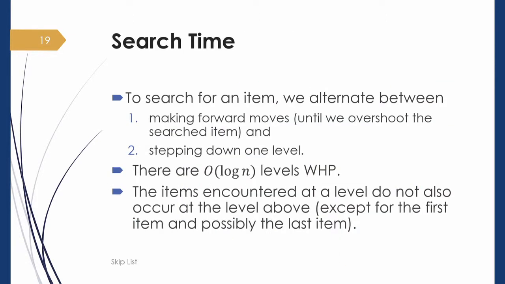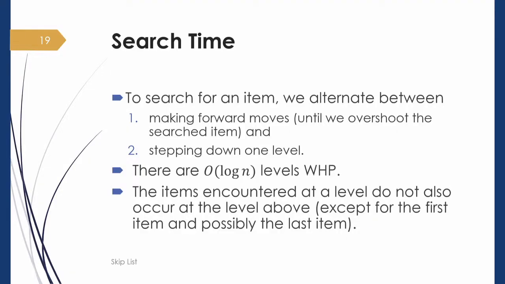So, in other words, to search for an item, we alternate between making forward moves until we overshoot the searched item, and then we step down one level. And since there are order of log n levels, which we have seen to be true with high probability, we do not need to worry so much about the second step.